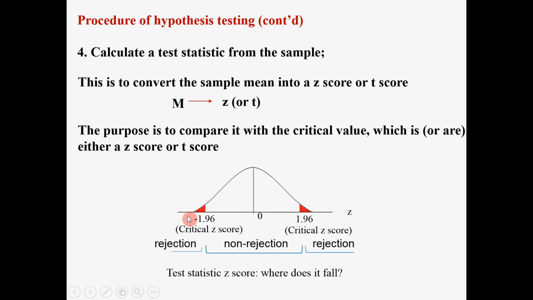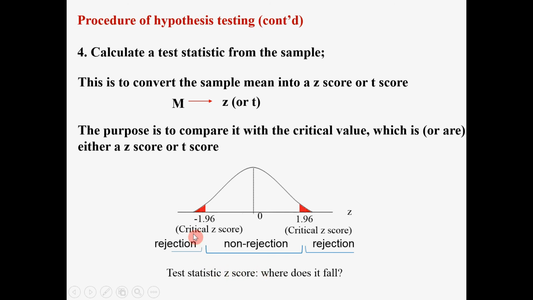Okay. Now, from the last slide, we can see that at the 5% level and two-tailed test, the two critical z-scores are positive and negative 1.96. So if we convert our sample mean into a test statistic z-score, we can compare this z-score with negative and positive 1.96 to determine where our sample mean test statistic z-score falls.